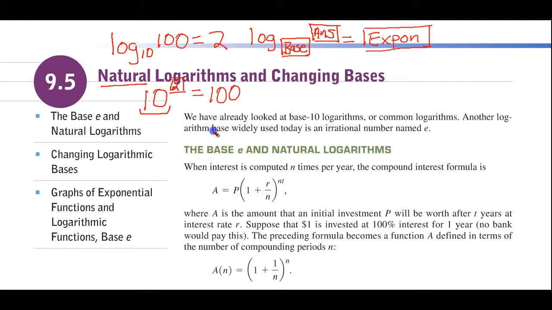logarithm base widely used today, and it's an irrational number that we will label the lowercase letter e. Now, do we know other irrational numbers?